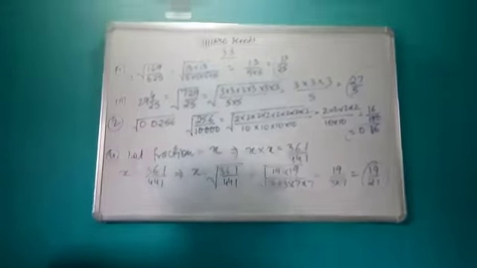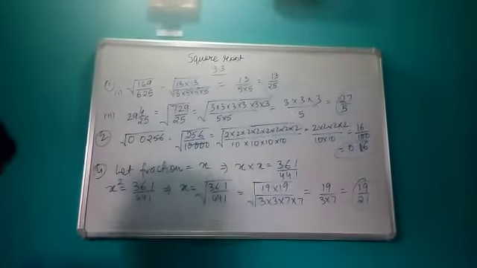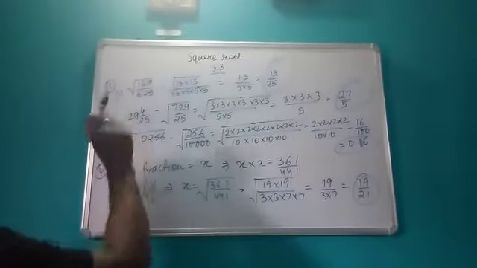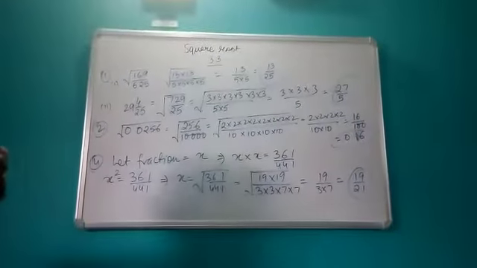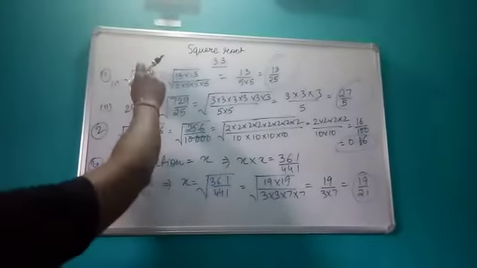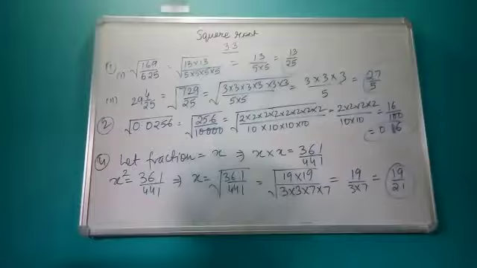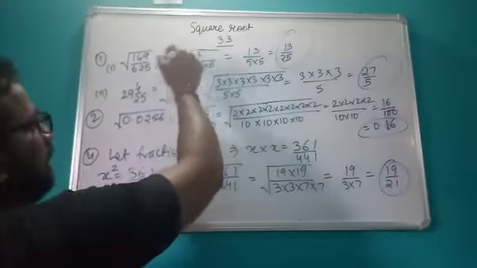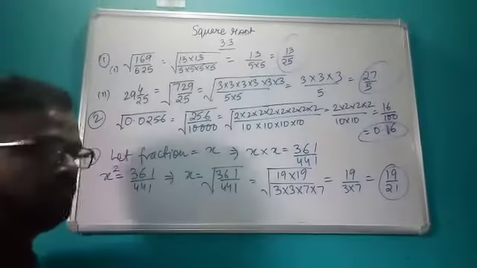Okay, so now we will see how to find the square root of fractions, mixed fractions or decimal numbers. So suppose a fraction is there, 169 upon 625. How to find the square root of the fraction? You will find the square root of the numerator as well as the denominator individually.